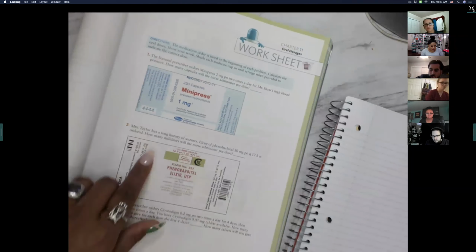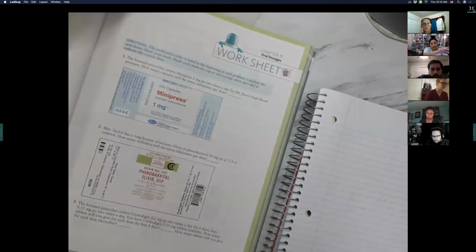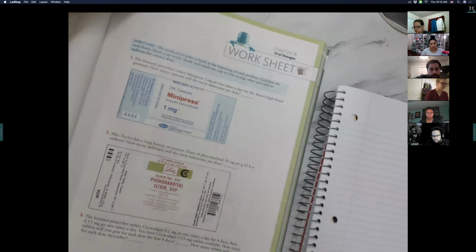Okay, so the licensed prescriber, can you guys see that for the most part? Yeah? Okay, so the licensed prescriber orders Minipress 2 milligrams PO 2 times a day for Miss Shaw's high blood pressure. How many capsules will the nurse administer per dose?